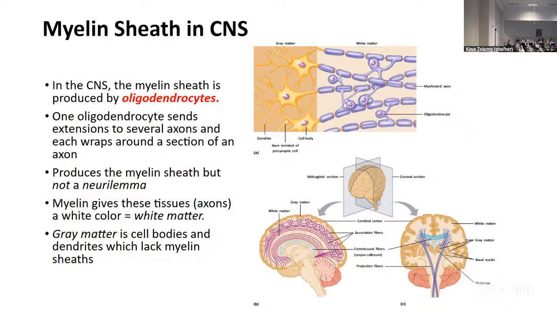Okay? So if you think about the brain, you mentioned gray matter and white matter, either in lab or elsewhere in your lives, what you're actually noticing when you see parts of the brain that are different color, right, you're noticing that myelin, right? So you might have noticed that, for example, like in the corpus callosum, it had a different color, right? That's because of this myelin, right?